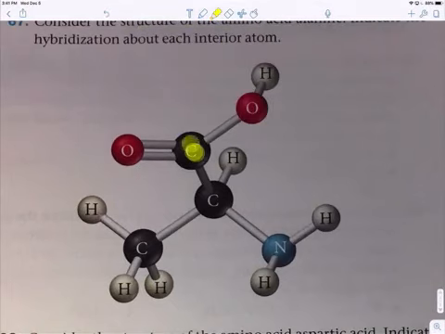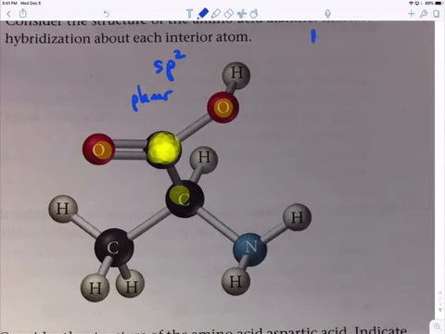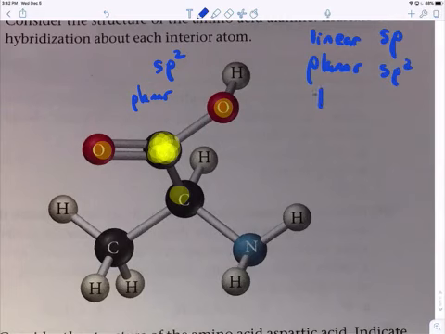So if you look at this carbon, it has 3 groups, which means planar electronic geometry, which means sp2. So linear is sp, planar is sp2, and tetrahedral is sp3.